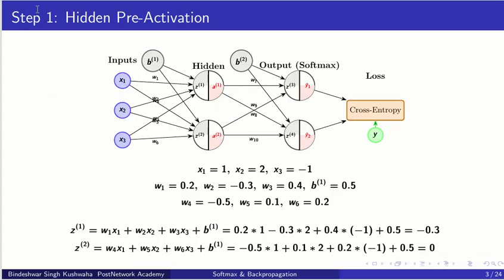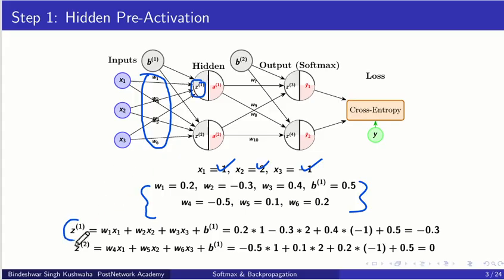Here we will first perform forward propagation, and for forward propagation we will require weights and inputs. So input x1 is 1, x2 is 2, x3 is -1, and these are the 6 weights from input to hidden layer. Now here you can see that we will calculate Z1.